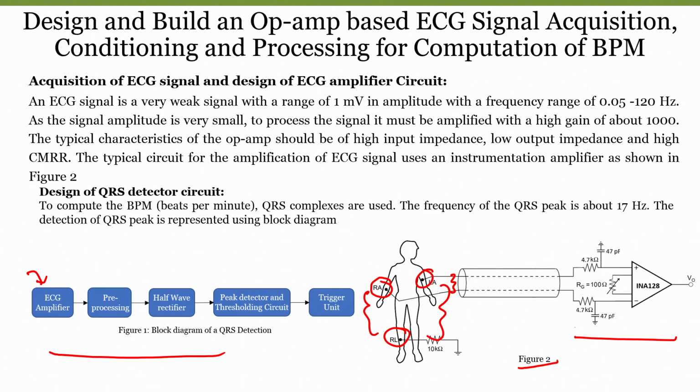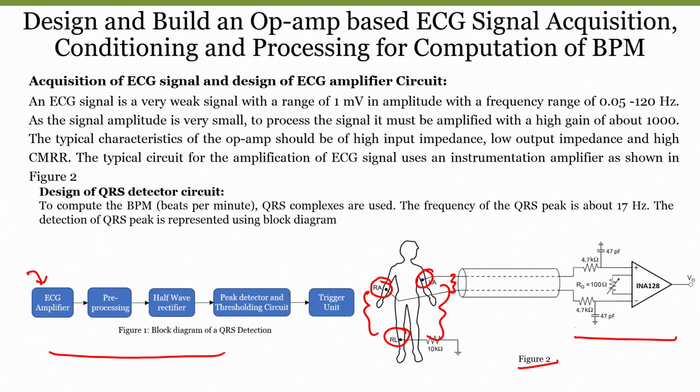So I have to use a proper amplifier or proper differential circuit in order to take the difference between these two input sources. Moreover, the maximum amplitude of the ECG signal is within a range of 1 millivolt, which is really small, and it will always have a very low signal to noise ratio, right.